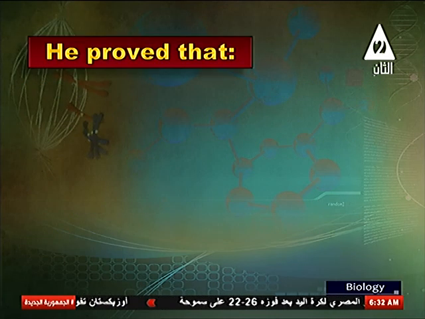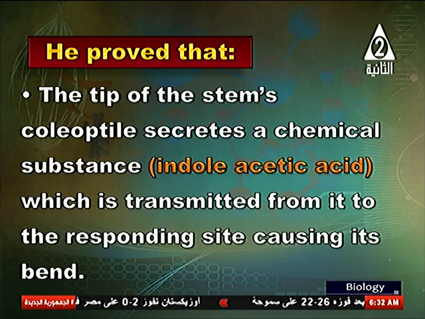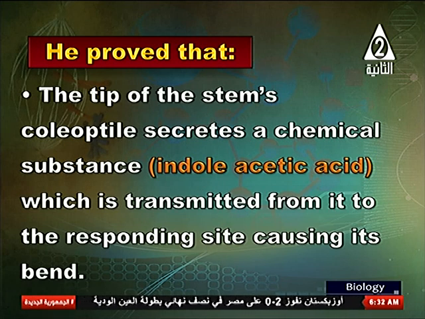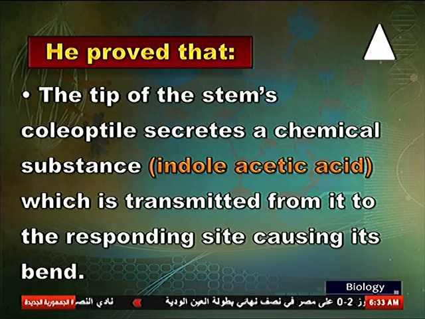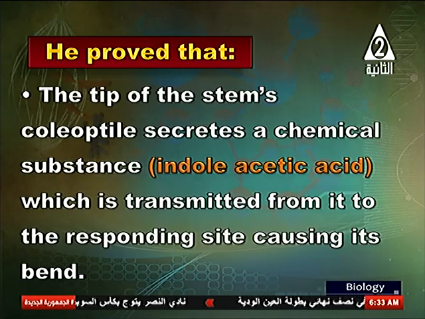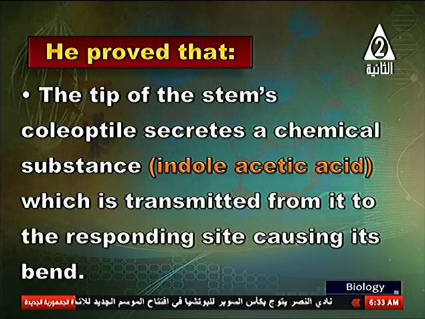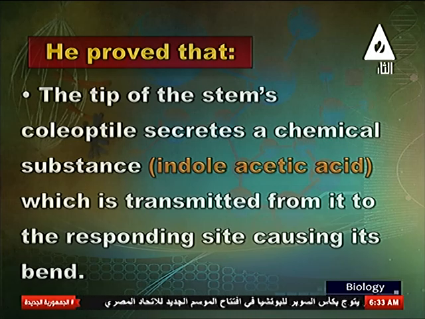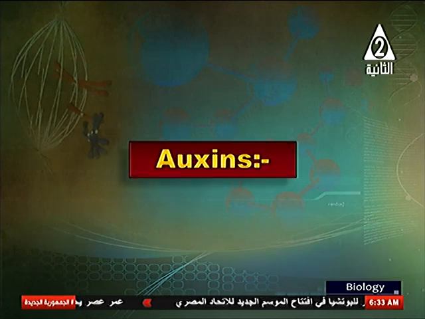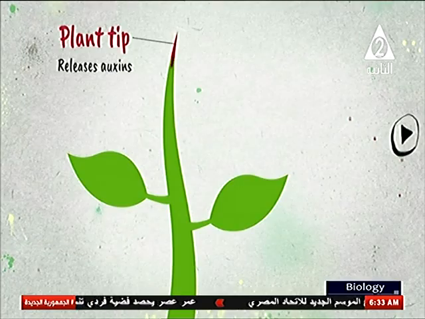He proved that the tip of the stem, the coleoptile, secretes a chemical substance, indole acetic acid, which is transmitted from the tip of the plant stem to the responding site, causing it to bend. What are auxins? Let's see this video.